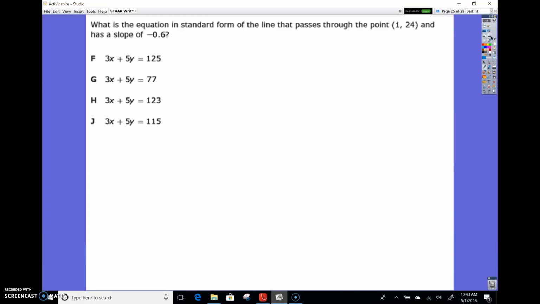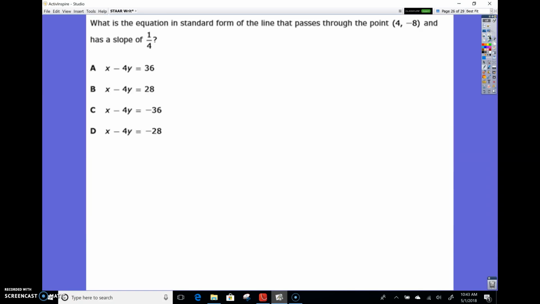Okay, so all of these problems, you put it in your calculator and see which one has this and this. You put it in relations. Go ahead and try this one. And this one.